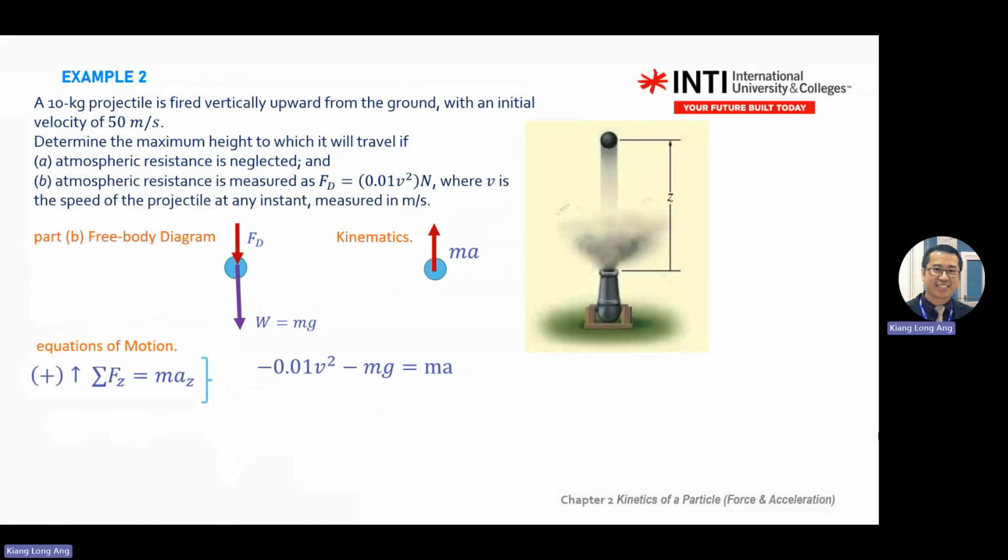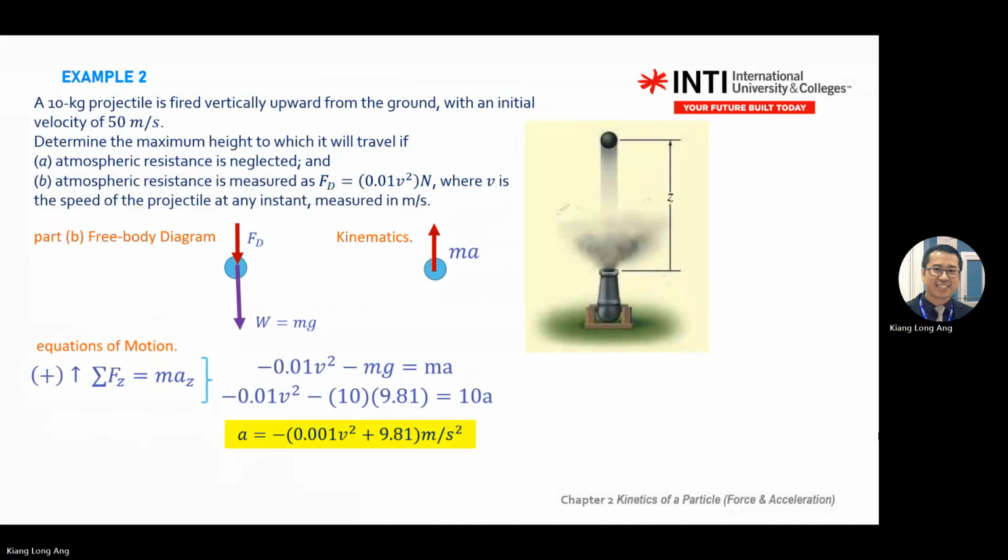It's very dangerous to substitute values in an engineering dynamics question. Okay. So you solve the question, because the only unknown here is your acceleration. Your acceleration changes.